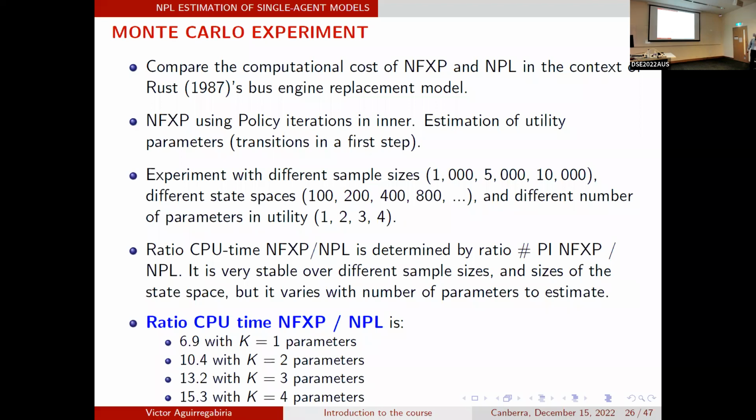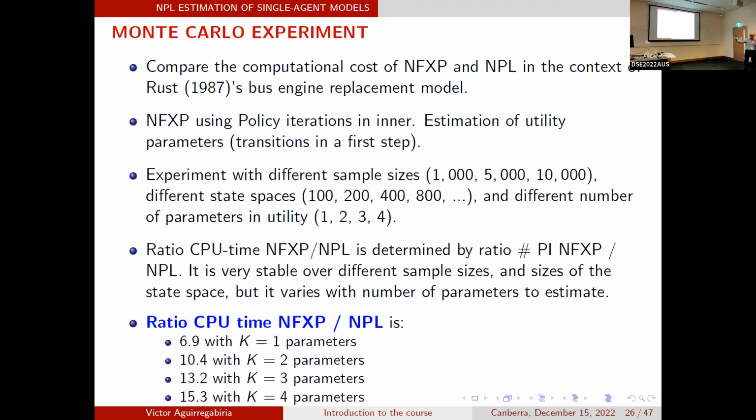The purpose is the estimation of the parameters in the utility function. And we ran these experiments for different sample sizes, 1,000, 5,000, 10,000, for different state spaces, 100, 200, 400, 800, 1600. And importantly, for different numbers of parameters. We fix some of the parameters.